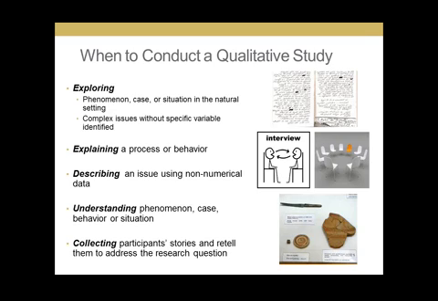If you want to describe an issue using non-numerical data, it's also part of qualitative study. Maybe you want to understand a phenomenon, a complex issue, a behavior, or a situation that you want people to understand. You can do a qualitative study.